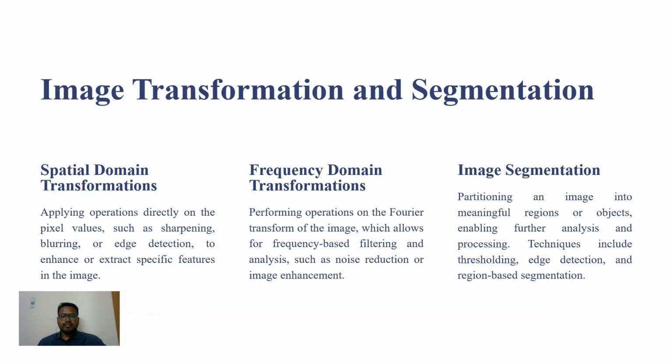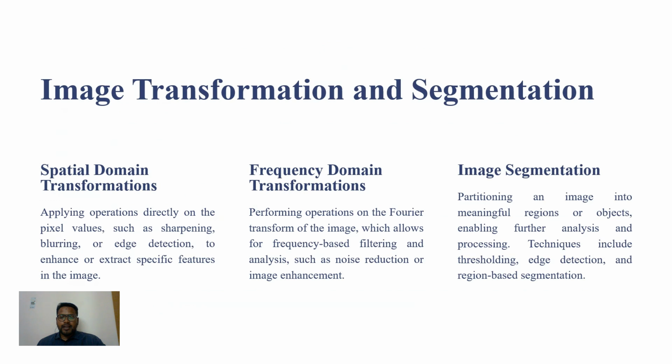Next is image transformation and segmentation. This covers how images can be changed and broken down into parts: spatial domain transformations, frequency domain transformations, and image segmentation. Spatial domain transformations are operations applied directly to pixel values, like sharpening or blurring.